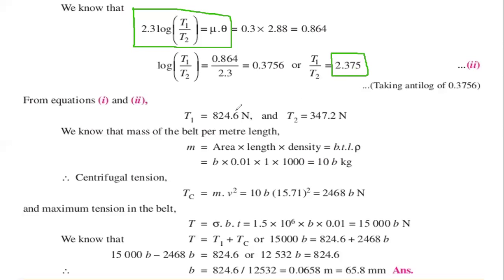Then from the first equation and the second equation, that is T1 minus T2 we got the value and T1 by T2 also we got the value.